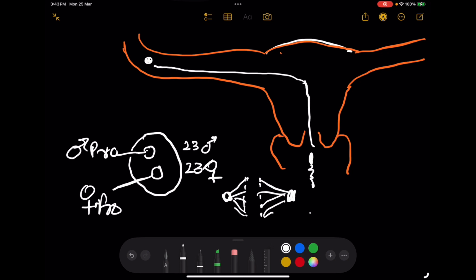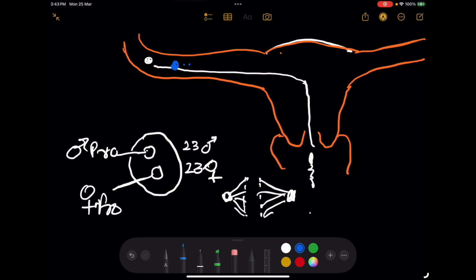So now, by the fusion of the sperm and the ovum, you have a zygote. You now have a zygote which starts multiplying, from 1 cell to 2 cells to 4 cells.